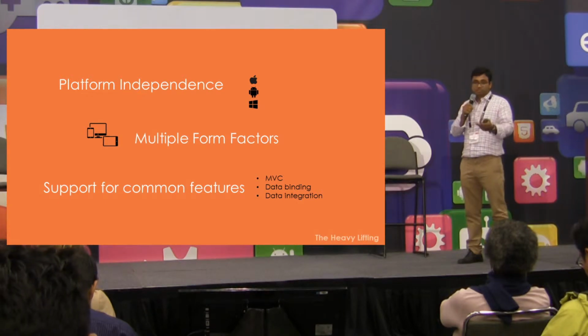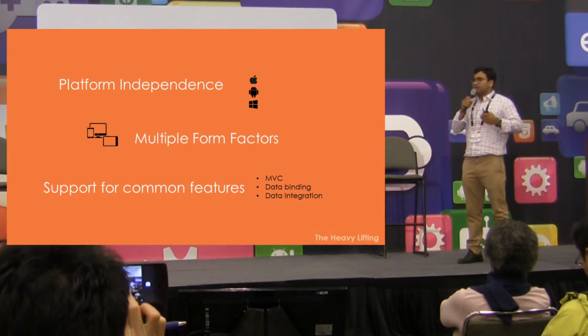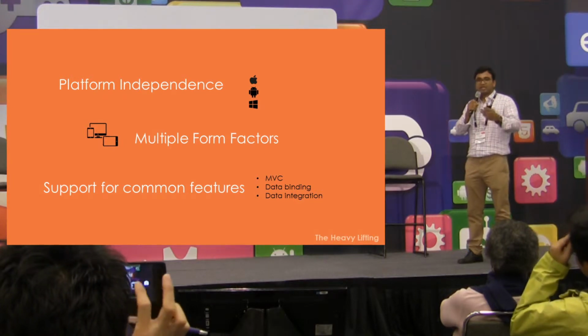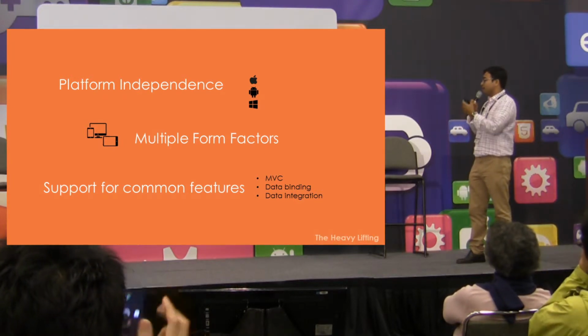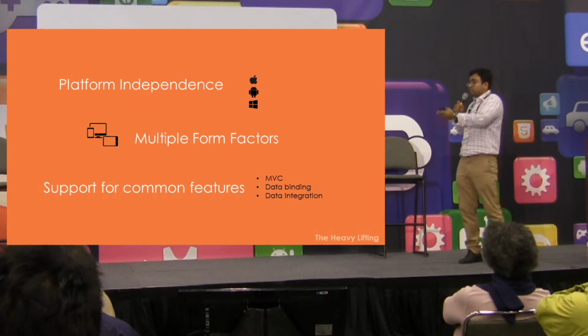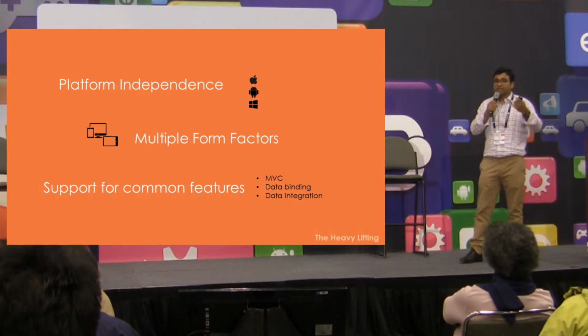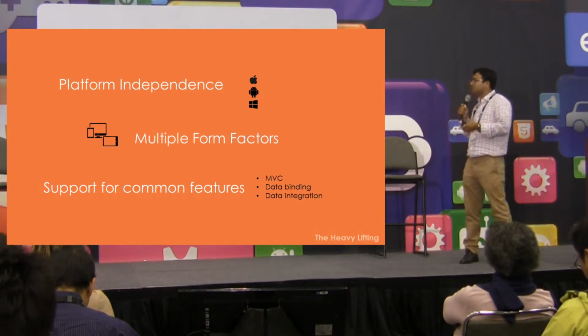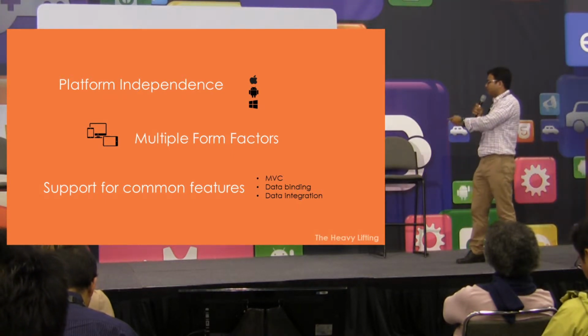You should be able to build responsive applications, mention critical points where you want to update the layout to make sense for that form. And you need support for common features like MVC, data binding, data integration, whatever you expect from a common MADP. So the heavy lifting is these 3 things.